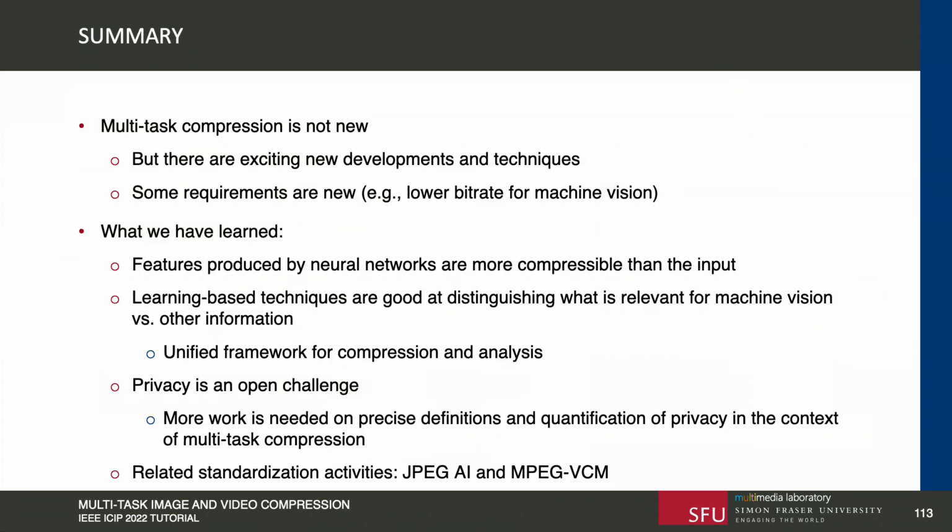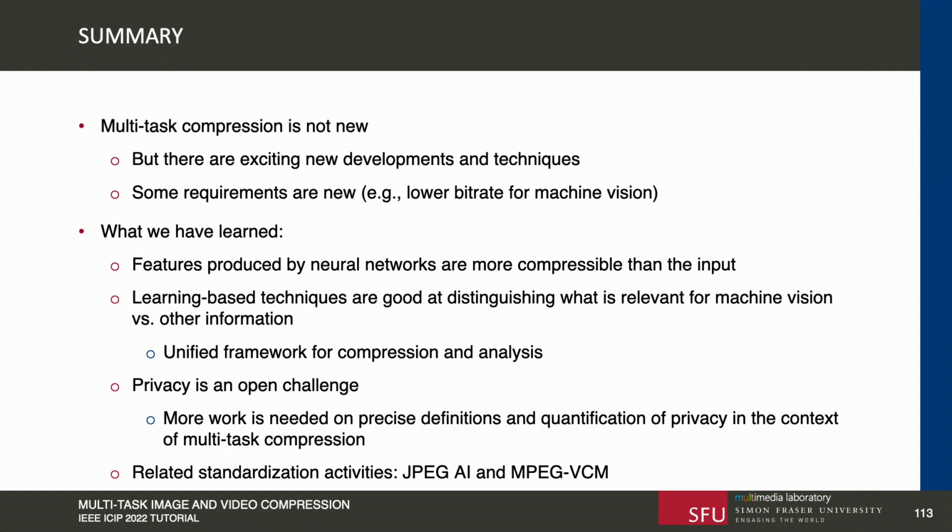And here's a quick summary of what we've learned in this tutorial. The first thing is that multitask compression is not new. Problems related to multitask compression have been in the literature for quite a while. However, there are some new, very exciting developments and techniques, and that may be what makes this area so attractive now.